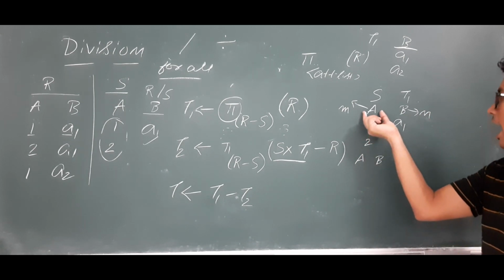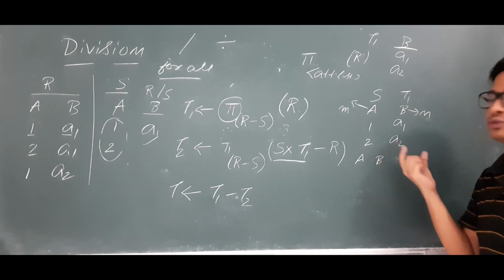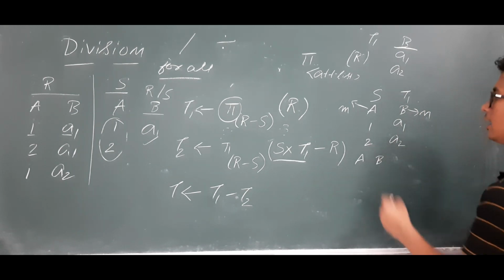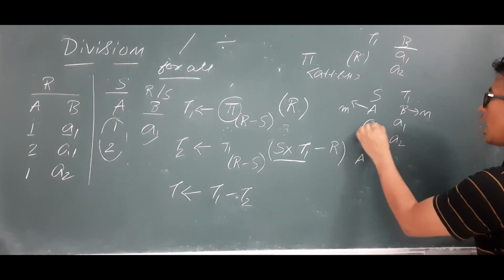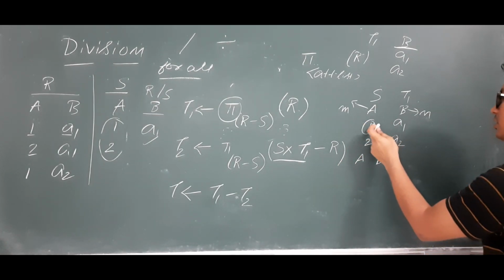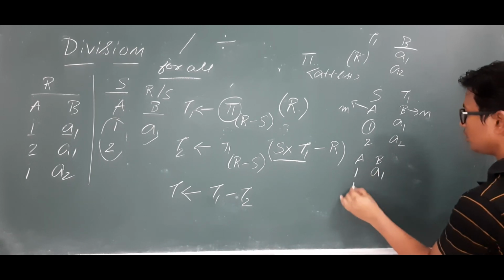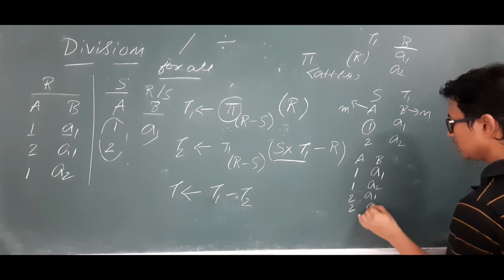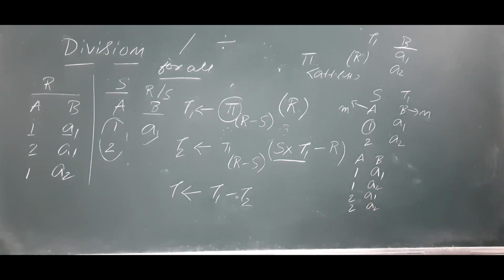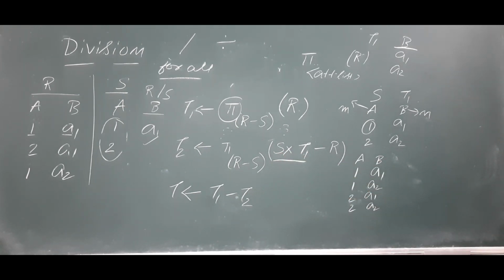So the attributes of S and the attributes of T1 should come here: AB. And what about the tuples? Now 1 you have to combine with A1 and also with A2. So you will get 1, A1; 1, A2; 2, A1; 2, A2. Is it clear? These are the tuples you will get if you apply the Cartesian product between S and T1. Okay, let me erase this one.